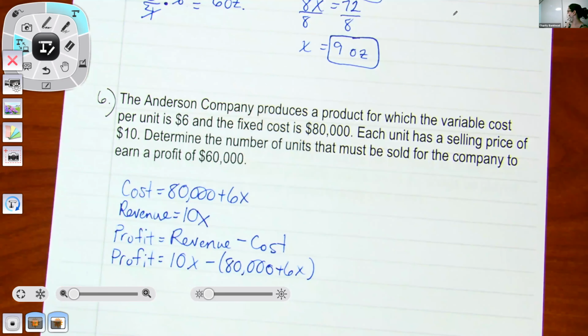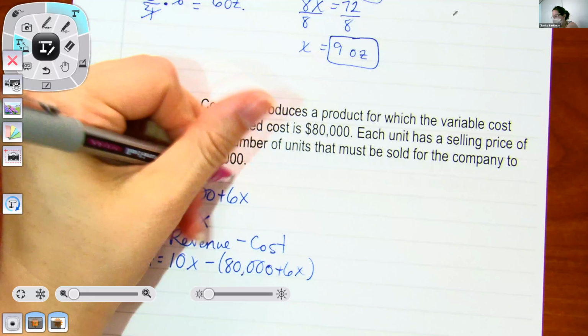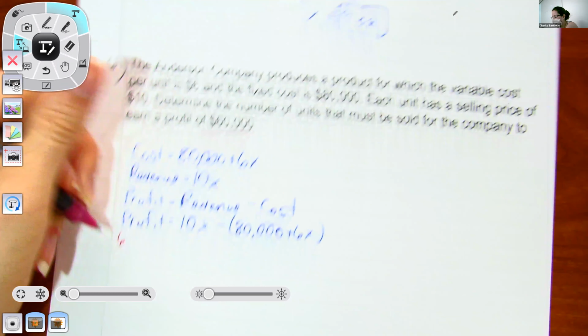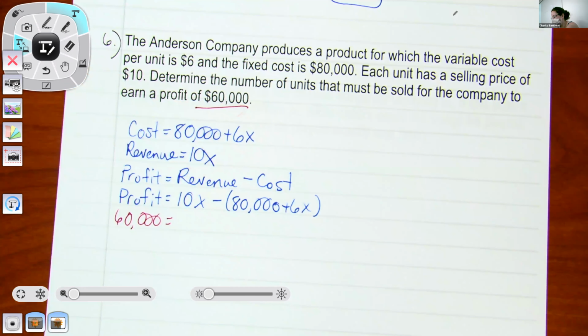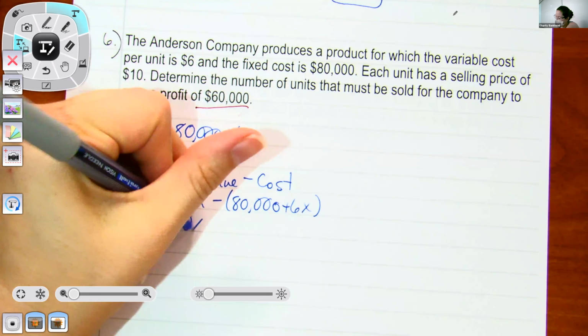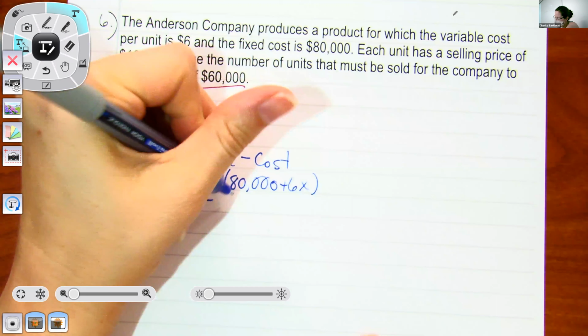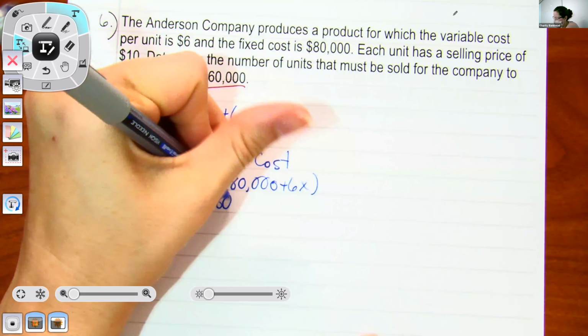You want to put that in parentheses to make sure you're subtracting the whole thing. And they want the profit to be 60,000. So let's say 60,000 equals 10x, and let's distribute that negative. So 10x minus 80,000 minus 6x.